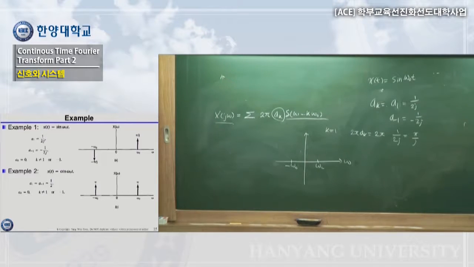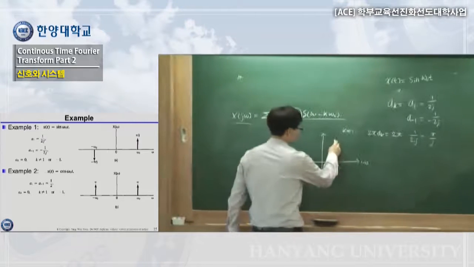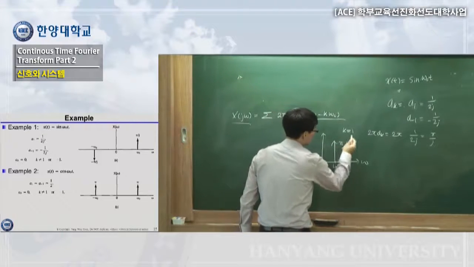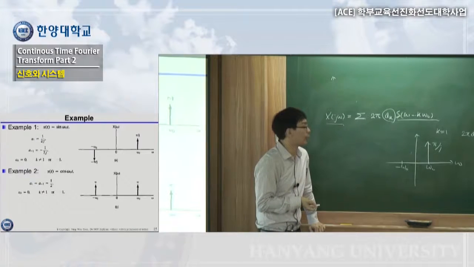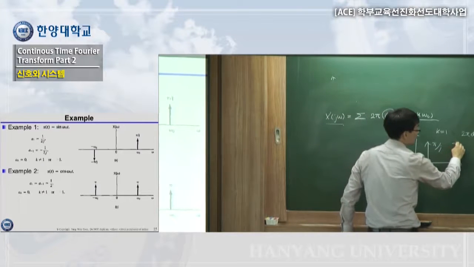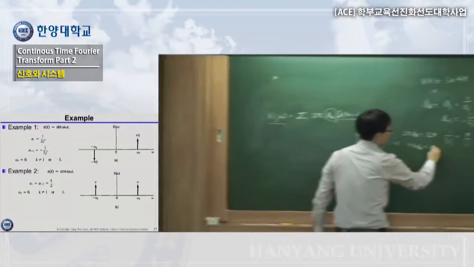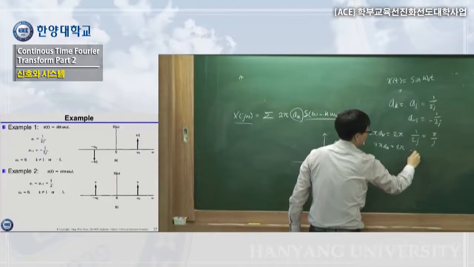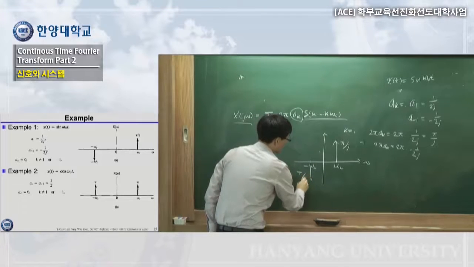Likewise, we just draw it, just giving you the polarity. So this is their Fourier transform. Likewise, when k equals minus 1, then 2 pi ak is simply given as 2 pi times minus 2j over 1, so pi times minus j, minus 1.